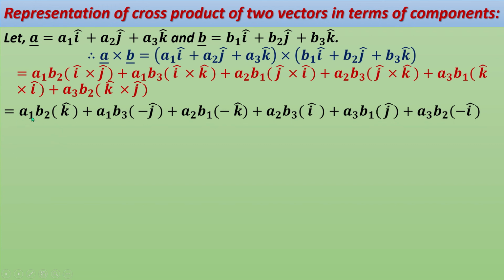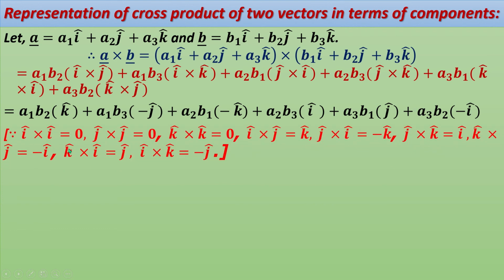Now we can write a1 b2, i vector cross j vector equals k vector, i vector cross k vector equals minus j vector. We know this formula because in my previous lecture I had explained it. a2 b1 equals minus k vector. Similarly this equals i vector, this equals j vector, and this equals minus i vector.